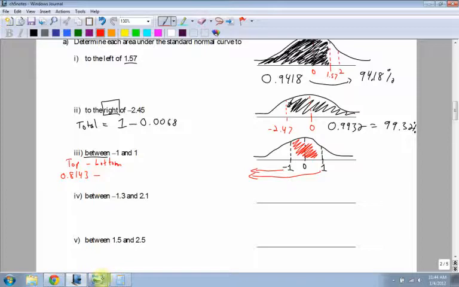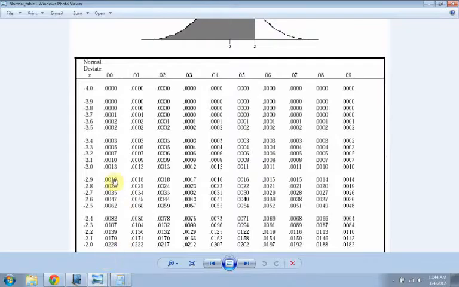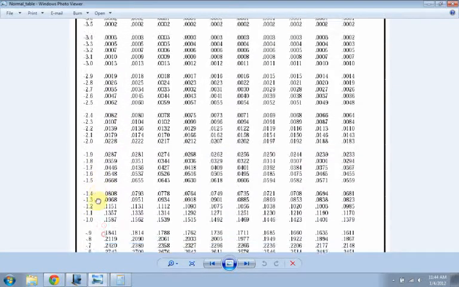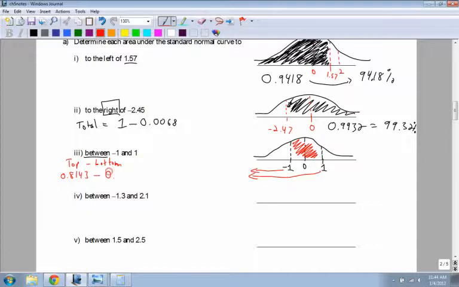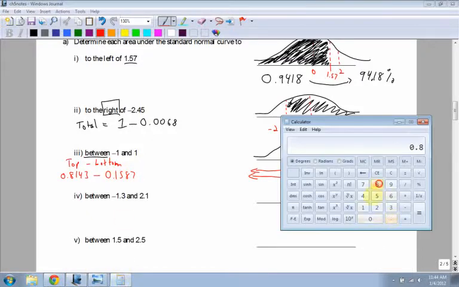So I get 0.8413 minus the bottom area, which is negative 1. So I go to negative 1 and just do the first one over, which is 0.1587. I subtract the two, so I get 0.8413 minus 0.1587.